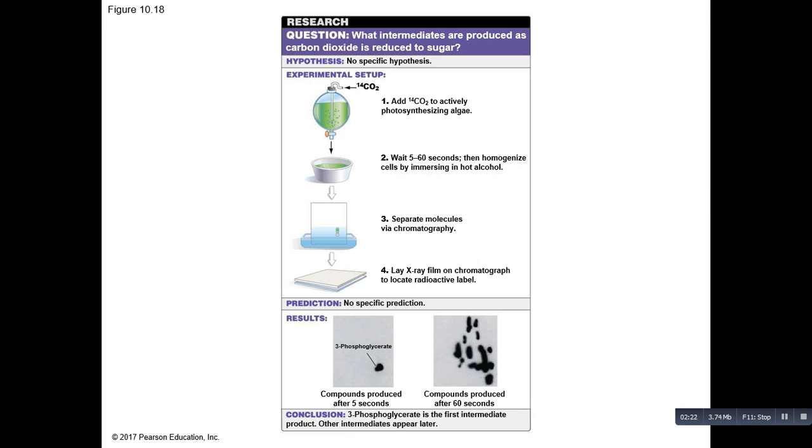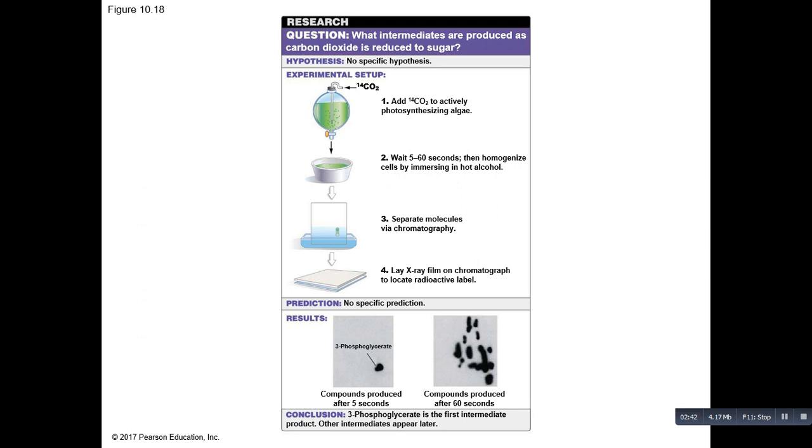So what they did is they added a radioactive carbon dioxide to actively photosynthesizing algae. And then they waited a little while to see where the radioactive molecules would be seen.